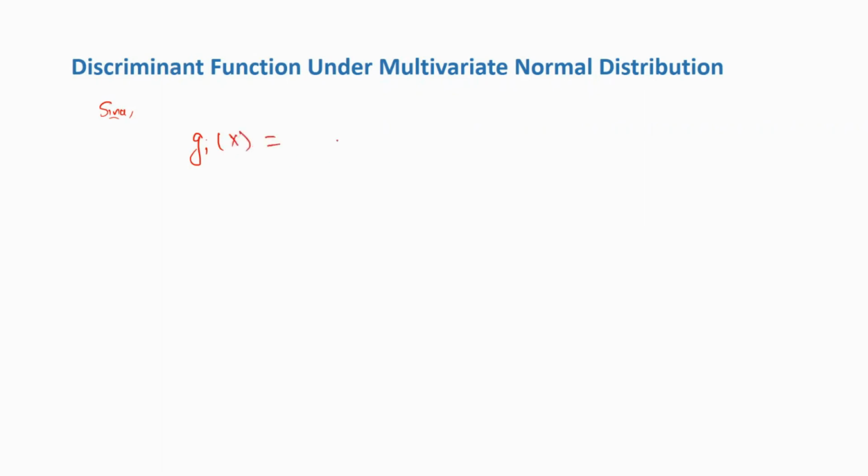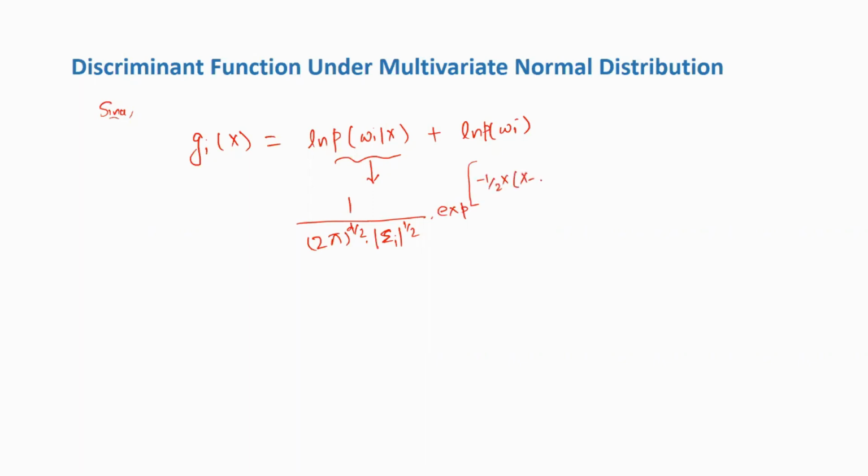This gi of x was given as ln of probability of omega I given x plus ln of probability of omega I. Now, can we replace this entire value with 1 by 2 pi to the power d by 2 into covariance of I to the power 1 by 2 into e to the power minus half into x minus mu I transpose, this covariance matrix, x minus mu I?